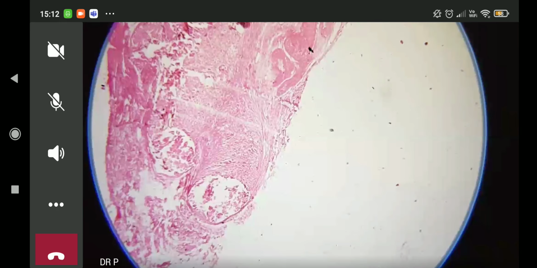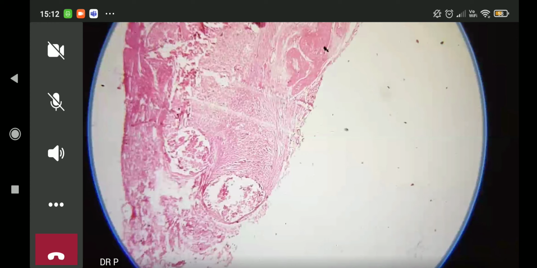At no place in the section can I see any focus of necrosis. There is absolutely no focus of necrosis. I can only see thickened blood vessels and these 2 or 3 granulomas. So this is your slide, children, of foreign body granuloma, and this is occurring in the fallopian tube.